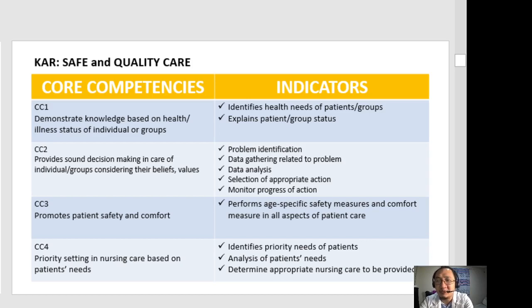Okay. So first core competency, we have: demonstrate knowledge based on health or illness status of individuals or groups. So what are the indicators that you have this core competency? First, you identify the health needs, the status of your patients, of the groups, and you are able to explain the patient or the group status, the family status, the community status.